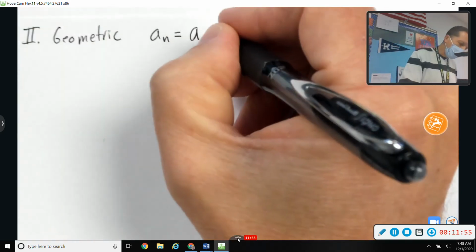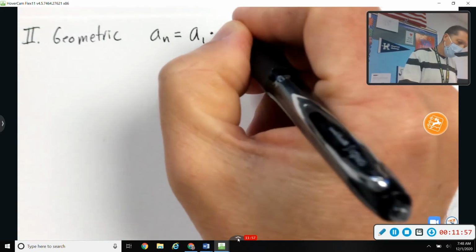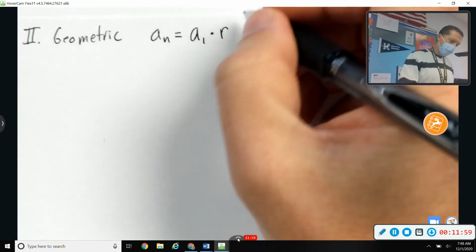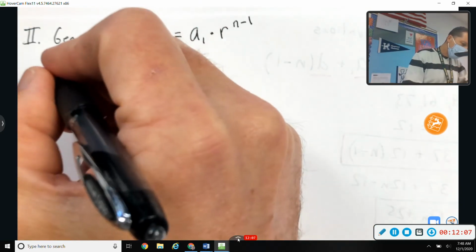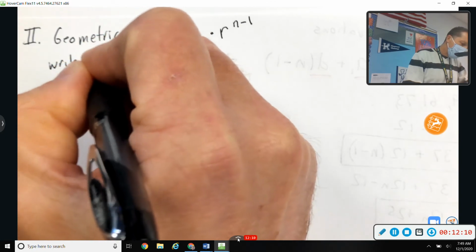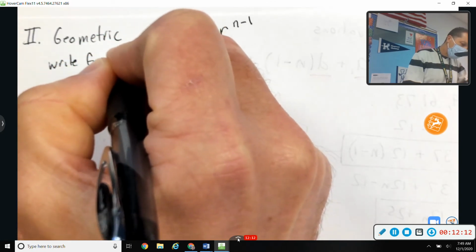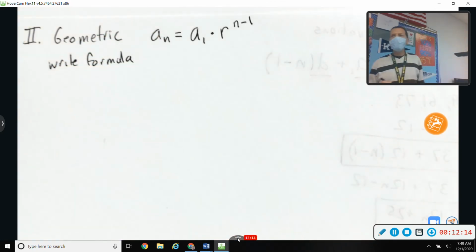In geometric, we're multiplying each time by the common ratio, and n minus 1. So we're going to do the same 2 kinds of things here, right? The formula for one where we just give you some terms, and for one where we kind of hop around a little bit.